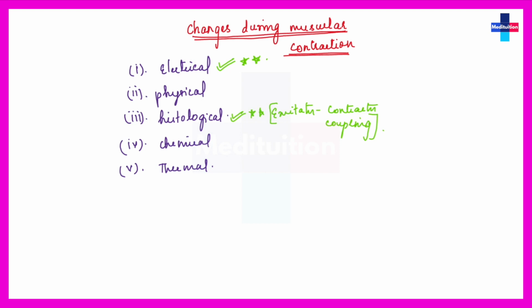While speaking about electrical changes of muscle contraction, we have some potentials, and how these potentials come into the picture is what we are going to see. In that, the first part is our RMP. What is RMP? RMP is resting membrane potential.